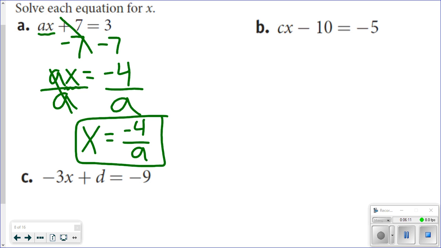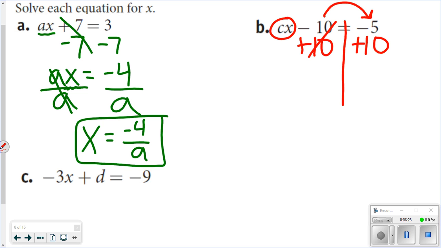Question B, we're still solving for x, but I need this cx term alone first. So let's move this negative 10 to the opposite side, away from cx. The opposite is to add. Negative 5 plus 10 is 5.